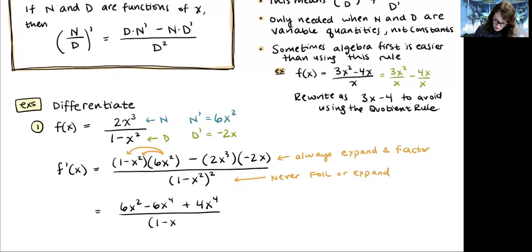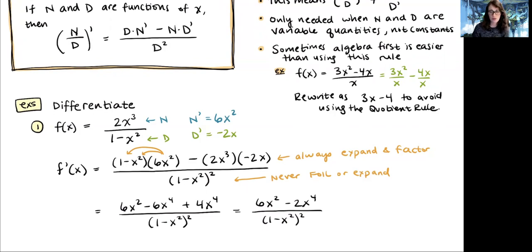And again, we're going to leave that denominator exactly as it is, just 1 minus x squared squared. Now in the numerator, we have some like terms that we can combine together, the x to the 4ths. So negative 6x to the 4th plus 4x to the 4th will give us negative 2x to the 4th.